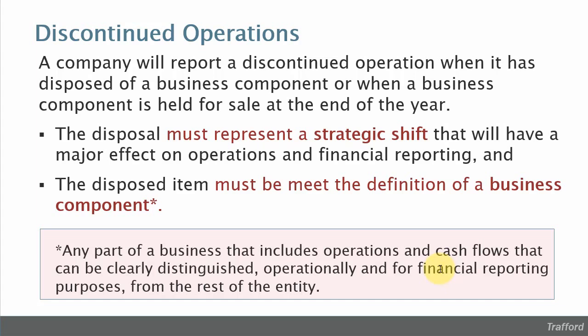On the other hand, you could have somebody else who owns 3 coffee shops, and they have very clear separate accounting for each of those 3 divisions of their business. If that other business sold one of the coffee shops and it represented a strategic shift for the company, then that would qualify. That sale of that coffee shop would be reported as a discontinued operation.